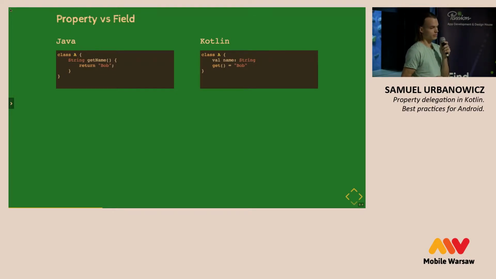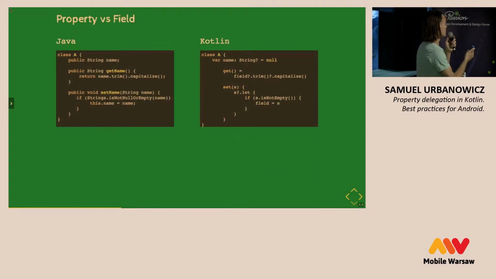But as you can see, we can also use it to optimize our code, for example, by avoiding generation of the backing field in JVM bytecode. If we override the property getter to return, for example, a simple string, no backing field will be generated. Or if we want to access the value of the backing field, we can use just the field keyword in our getter or setter.